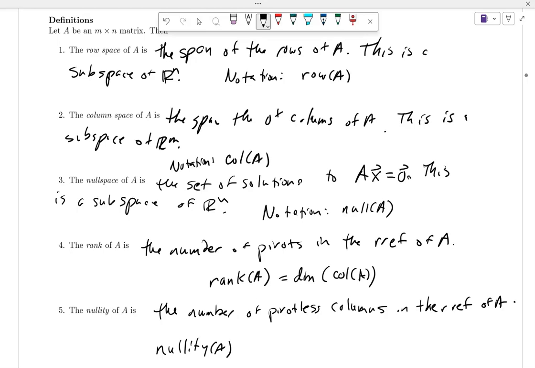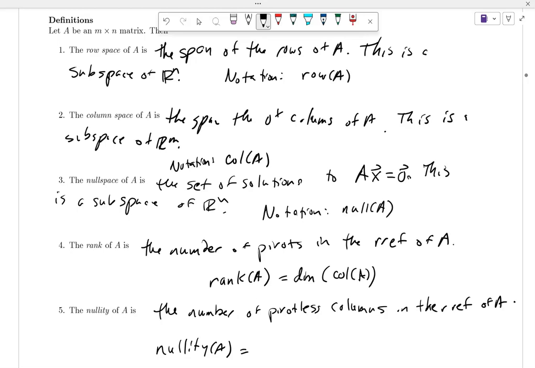So just stuck writing the whole word. The number of free variables again corresponds to the dimension of the solution space here, right?